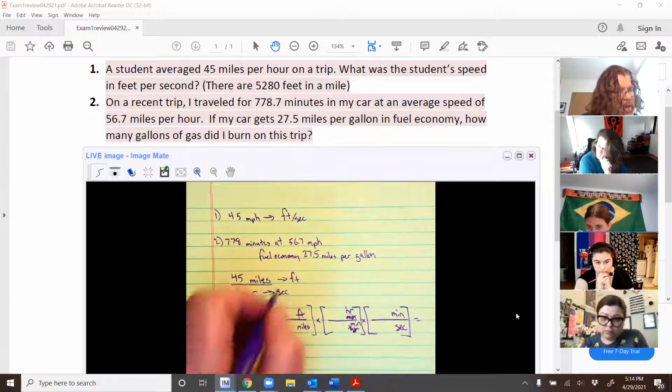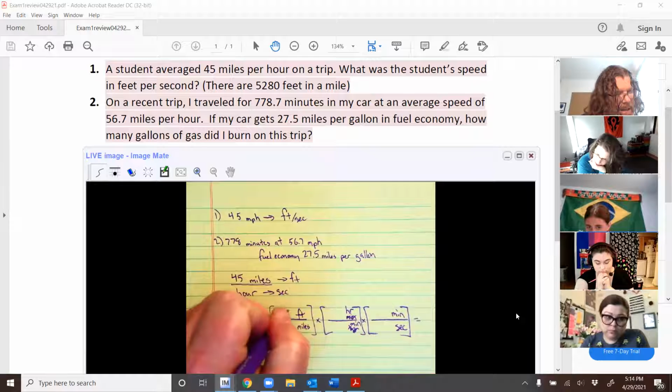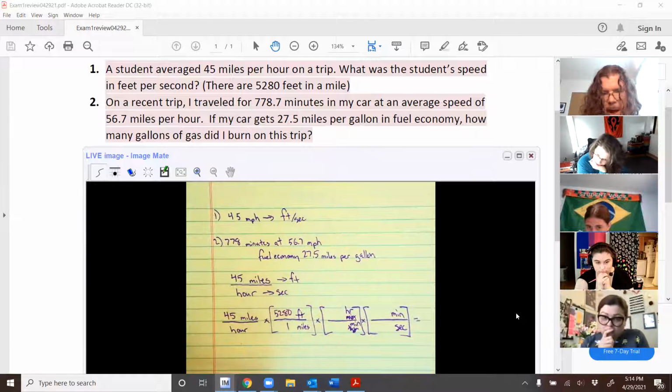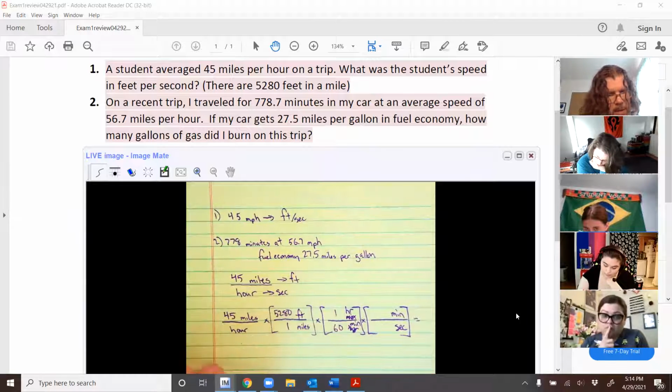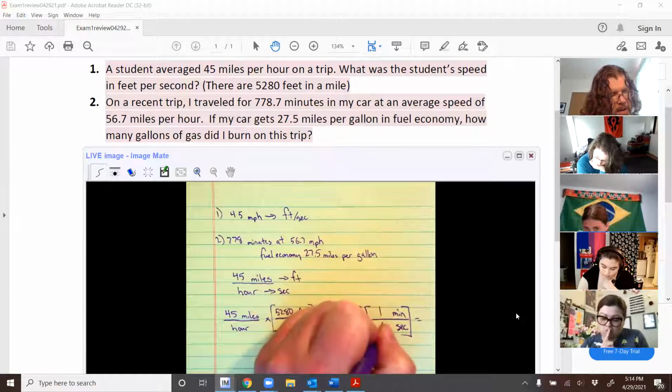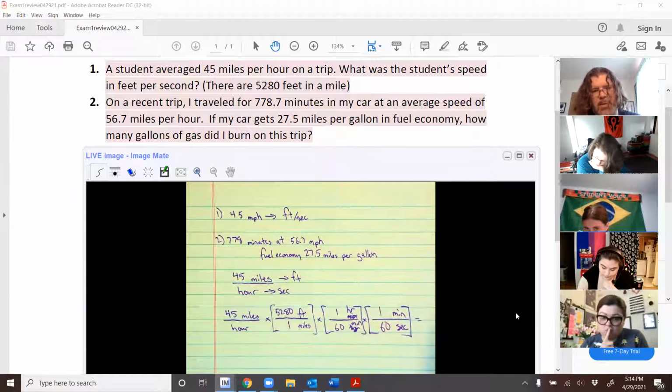So we know that there are 5,280 feet in every 1 mile. That's a conversion factor we got right from our problem. We know in every 1 hour, there are 60 minutes. We know that in every 1 minute, there are 60 seconds.